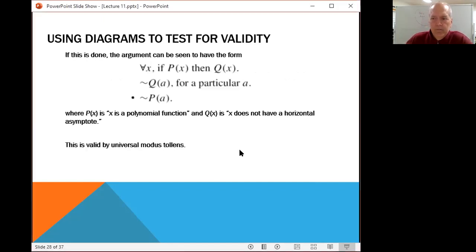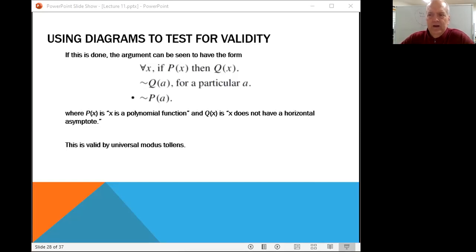That's the universal. Then our particular is that for a particular element a, that element has a horizontal asymptote.